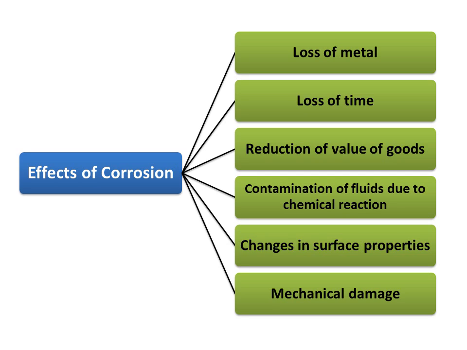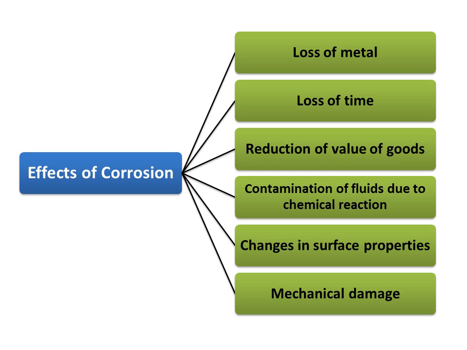Corrosion reduces the value of the goods. Let's say we have an iron almirah, it got corroded, there is rusting, so it reduces the value, so it's a reduction of the value of the goods. Then there is contamination of fluid due to chemical reaction, change in the surface properties, and mechanical damage.